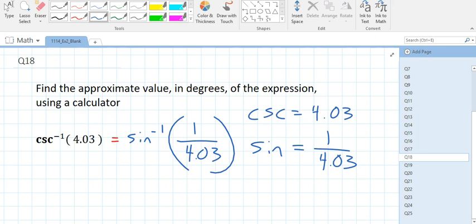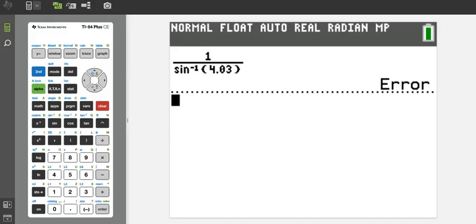The other reason why the other one didn't work, remember, this is the answer, right? So it's 4.03 in the domain of sine? No. That's why your calculator didn't like it. But when I take the inverse sine of 1 divided by 4.03, this number is in the domain.